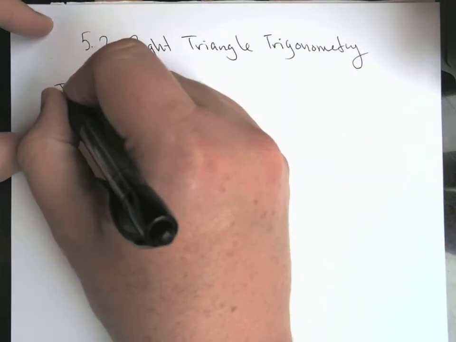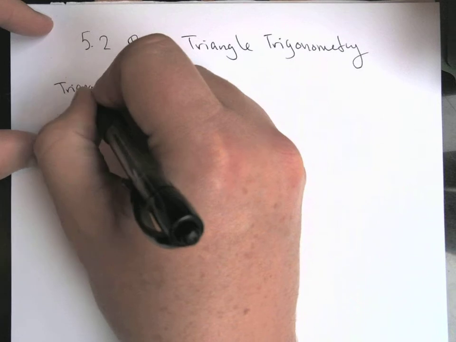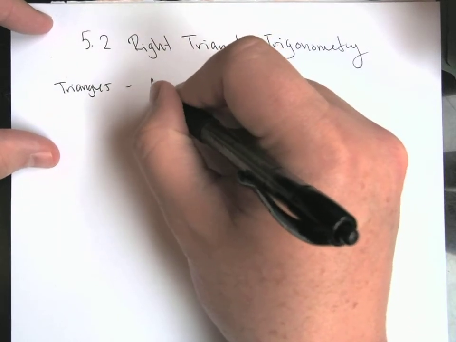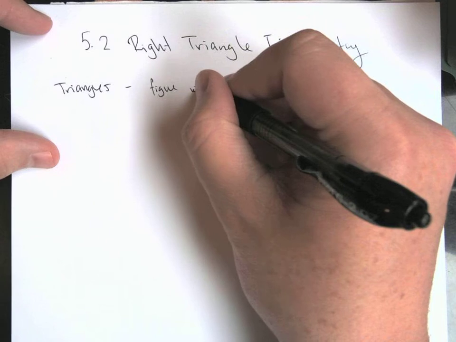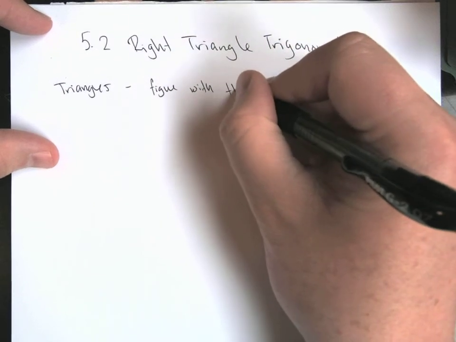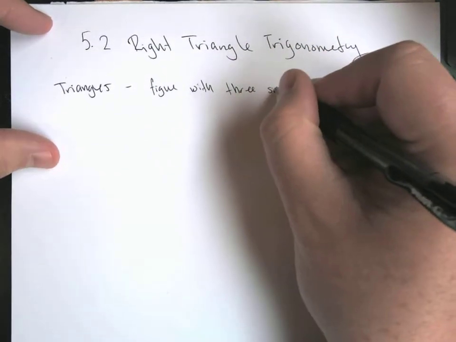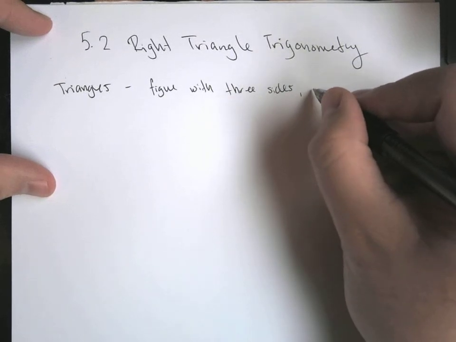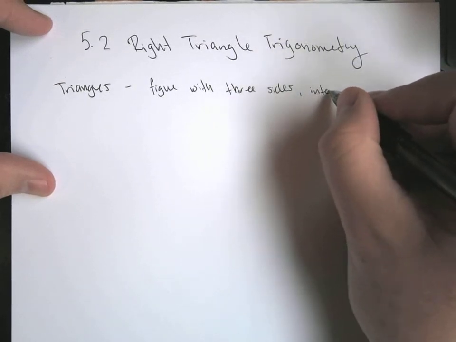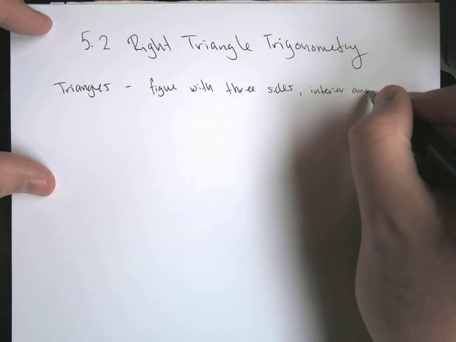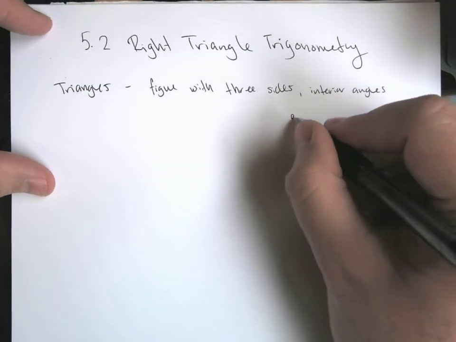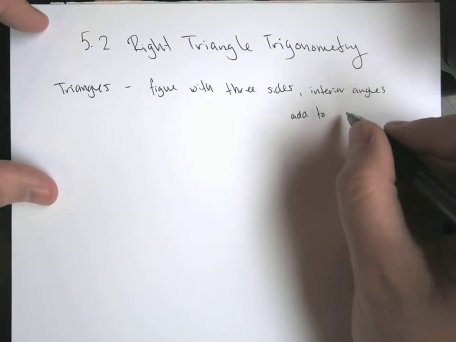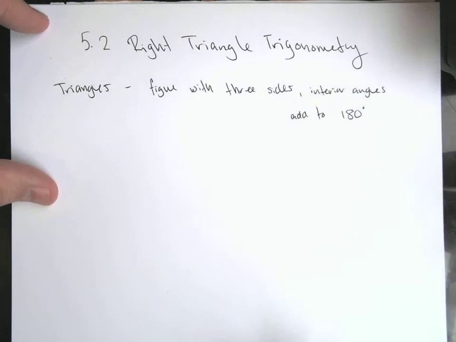So, triangles. Figure with 3 sides. And one of the properties is the interior angles add to 180 degrees.